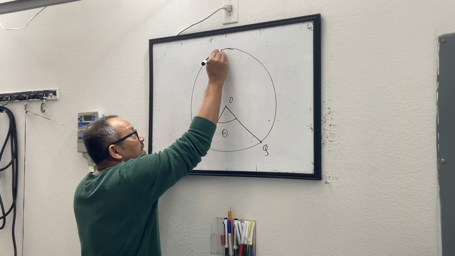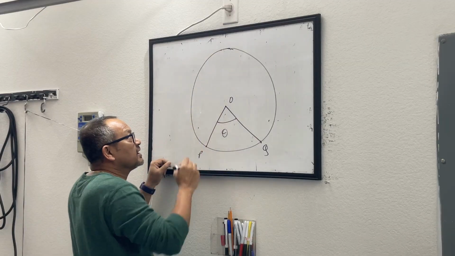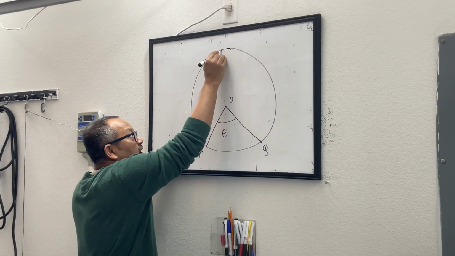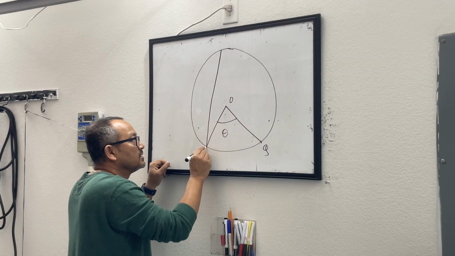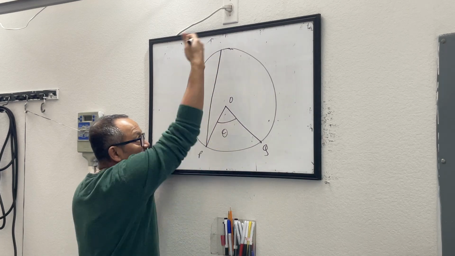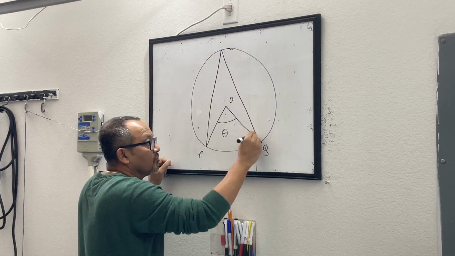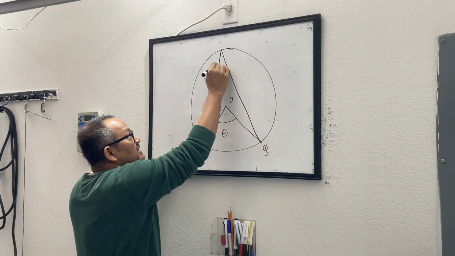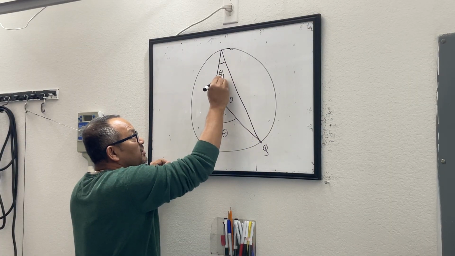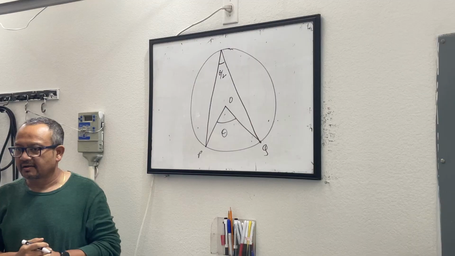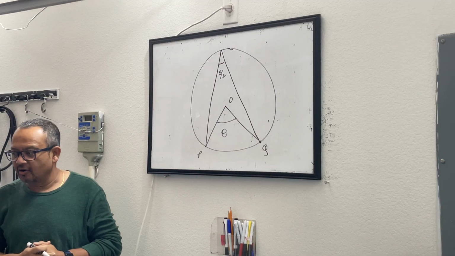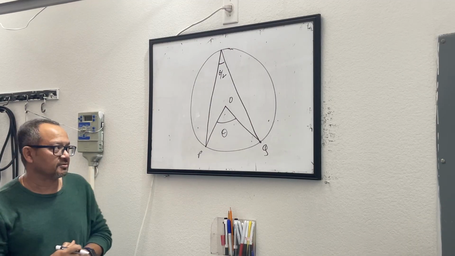If I randomly pick any point along the circumference on the other side of this, what I'm saying is, this angle will be theta by 2. And how is what we will see now.